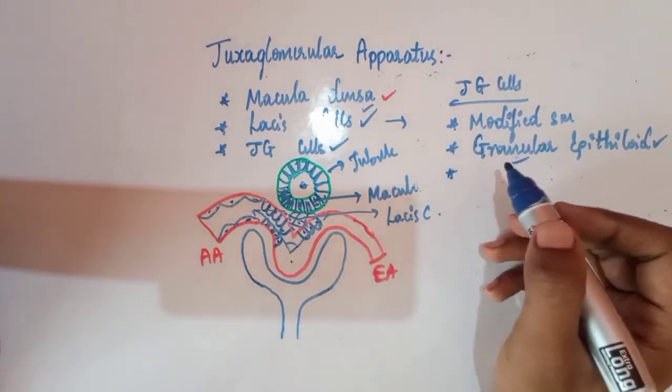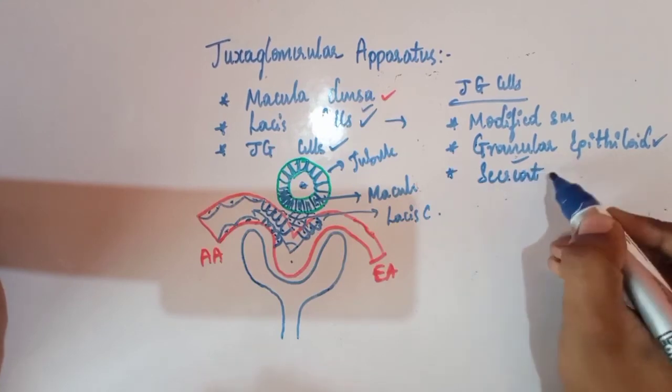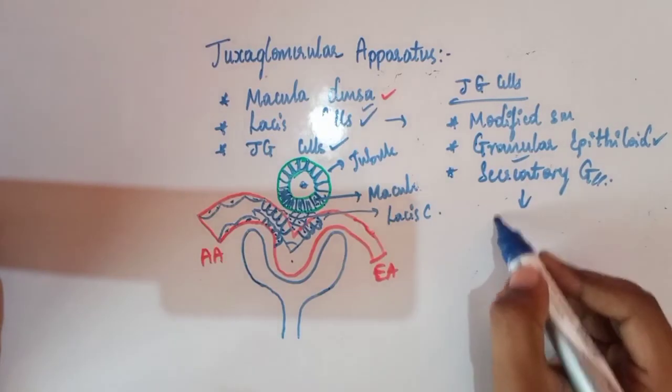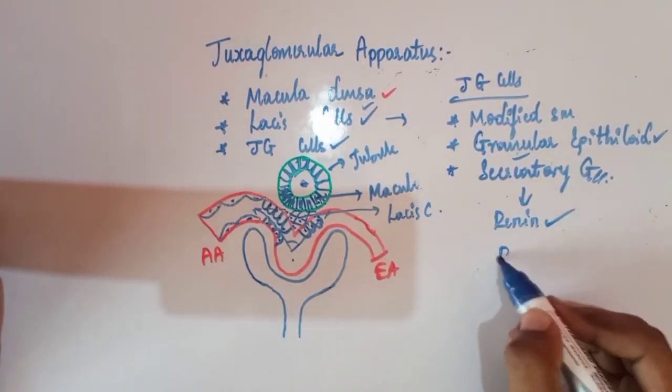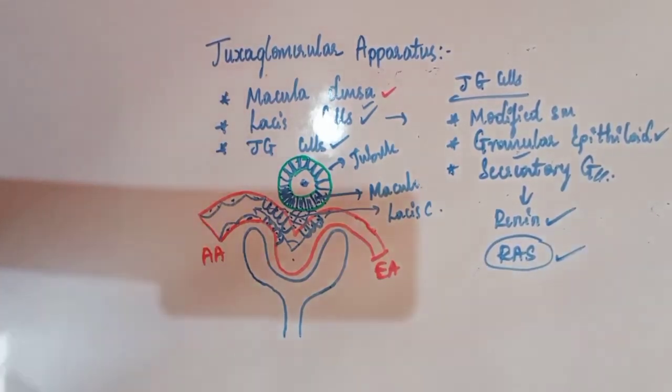And why are they granular? Because they contain secretory granules. Secretory granules contain renin, the most important factor in the renin angiotensin mechanism, the renin angiotensin system, RAS. The function of JG cells is to secrete renin, which is involved in the renin angiotensin system. JG cells are also called Polkissen cells.